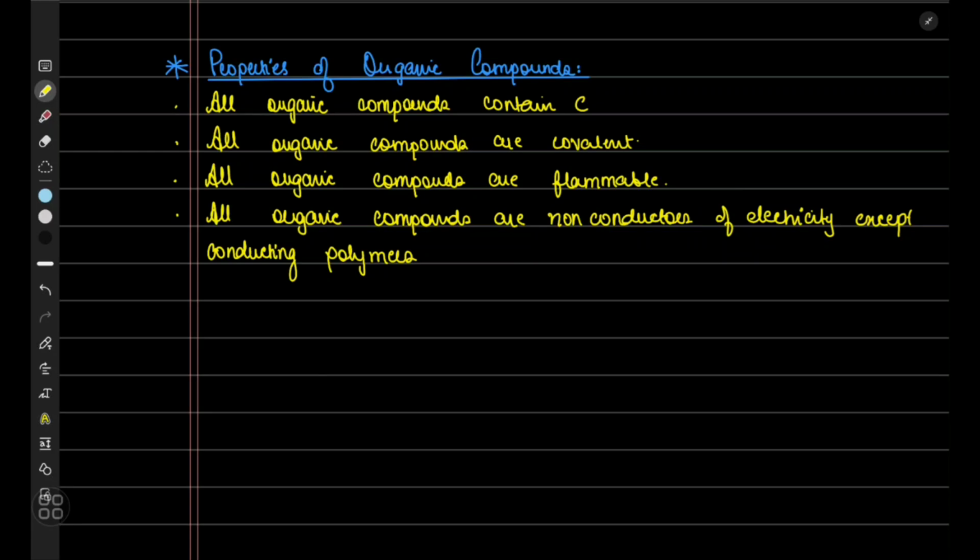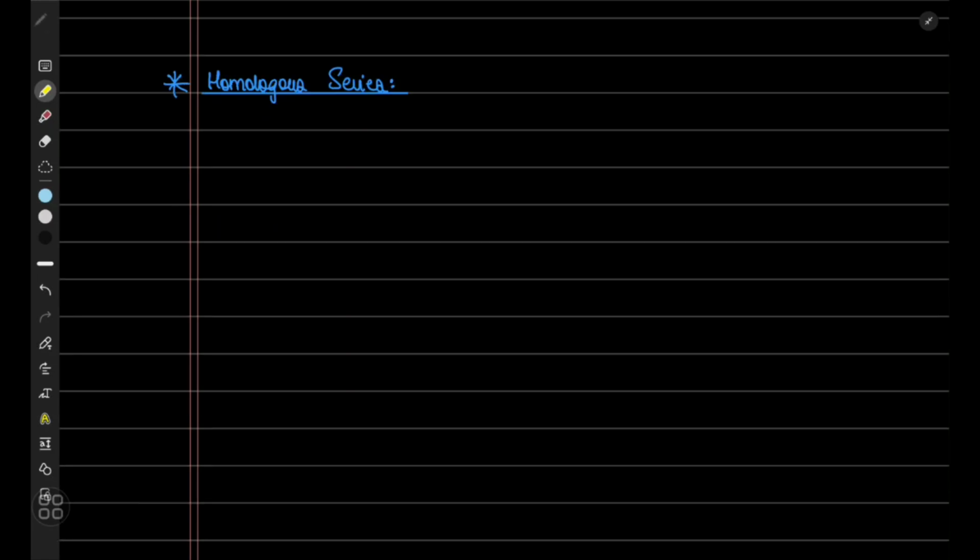Now that we have some general properties in mind, we'll be starting with what is a homologous series. When we found the elements in our physical chemistry, we arranged them in order of their atomic number, and we found out that certain elements share certain chemical properties, and we arranged them in similar groups.